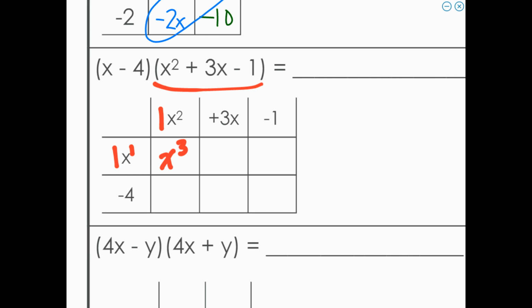Then in my next box, I've got 1x times 3x gives me 3x squared. Then in the last box, I've got 1x times negative 1.